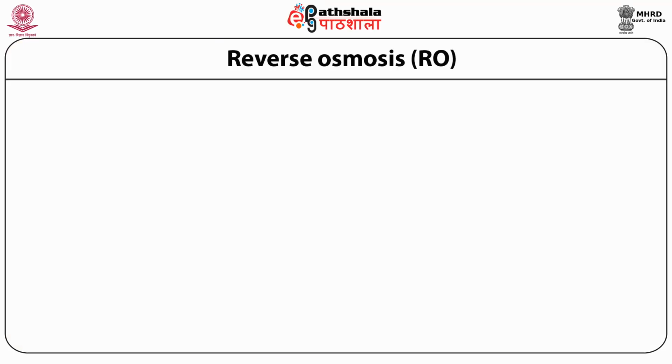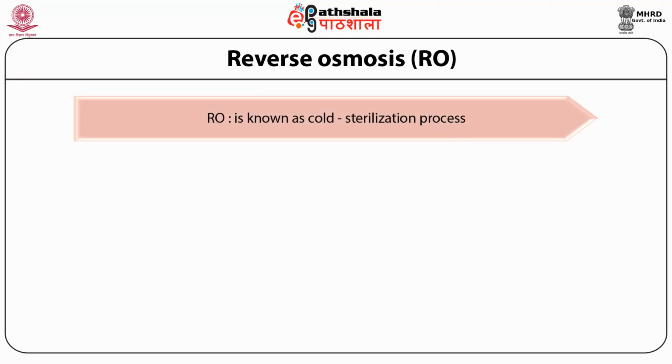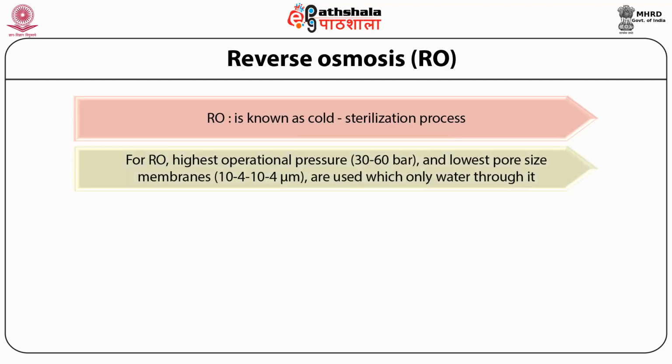The term reverse osmosis was coined in 1931 during the granting of a patent for water salting. The operating pressure of 30 to 60 bar is the highest among all these classical pressure-driven membrane processes. The pore size of an RO membrane is in the range of 10 to the power minus 4 to 10 to the power minus 3 micron, which is lower than the pore size of MF, UF and NF.